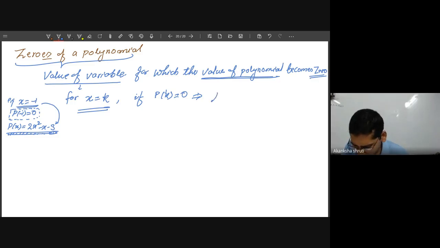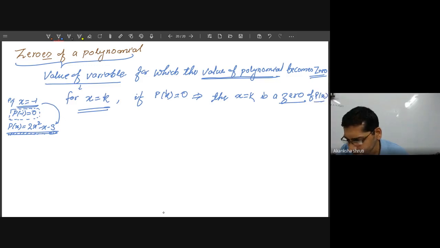This implies x equals k is a zero. Only one we are talking about, so we write the term zero only. Of which one? P of x. Okay, student?